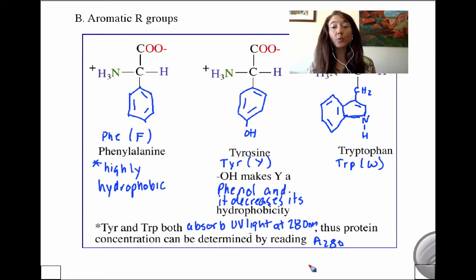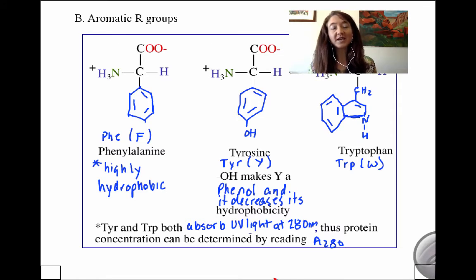Now, this is super applied. Say that you're working with a protein and you want to isolate that protein from a particular organism, a particular cell. Perhaps you lyse that cell, it releases its proteins, maybe you're able to partially purify the protein through dialysis, and then maybe you use some sort of chromatography to purify that protein further, and you want to know the concentration of the purified protein.